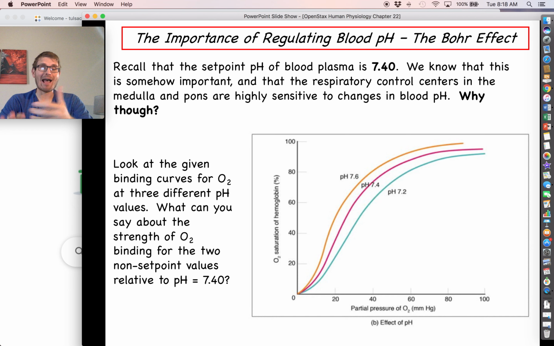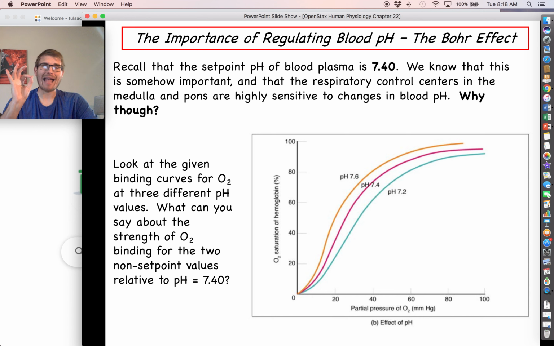And that might sound like a really good deal, but it really isn't. Because, again, think about what has to happen in the life cycle of hemoglobin making its way through the circulation. Now, if hemoglobin is not bound to oxygen and it makes its way into the pulmonary capillaries, that sounds like a good deal. You want it to be able to grab the oxygen from the alveolar air and bind to it very tightly.